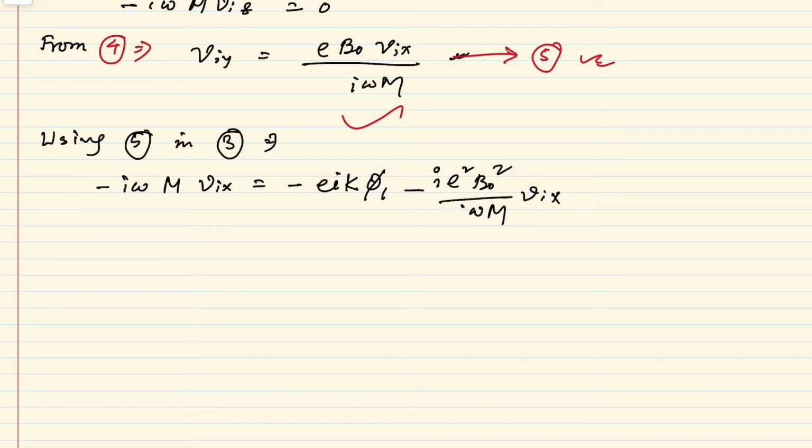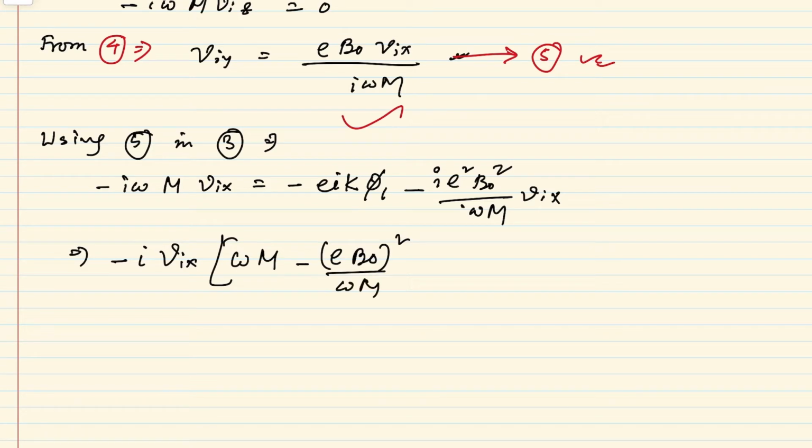Bring this term to this side, then take minus i Vix common. Then you will get minus i Vix, then omega capital M minus e B naught whole square by omega capital M is equal to minus e i K phi 1.